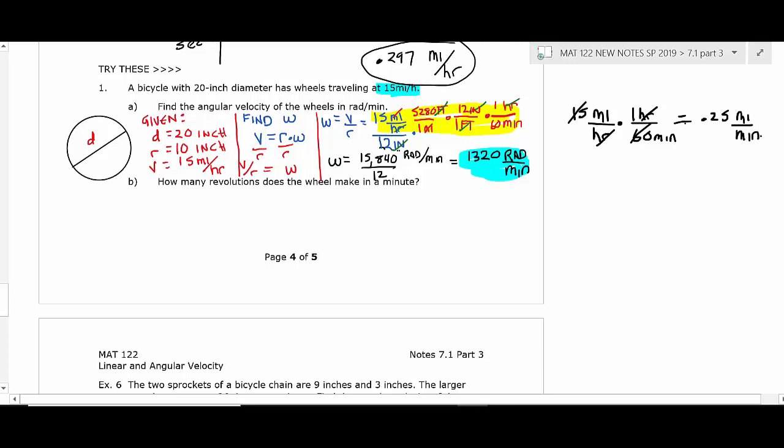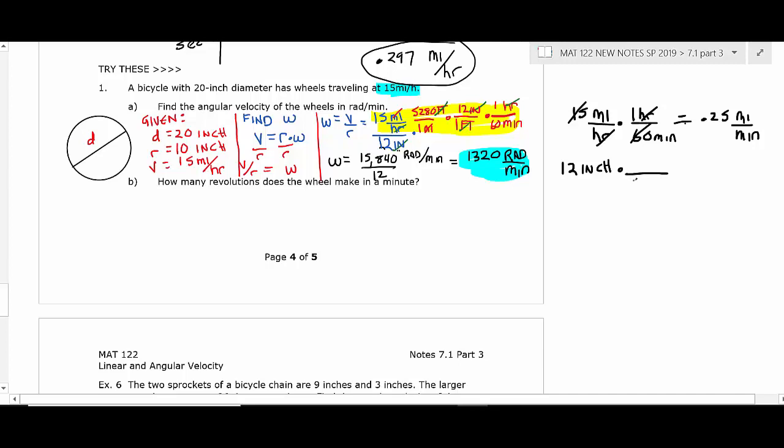Okay, so you'd have that. And then you've got the radius as in inches, so you would probably want to get that converted miles to inches or inches to miles. It doesn't make any difference. Just for something different, I'm going to do it this way. If I want to change this to miles, then I would do this.